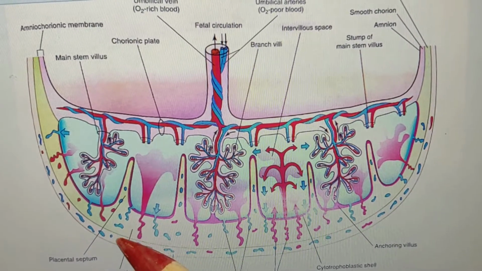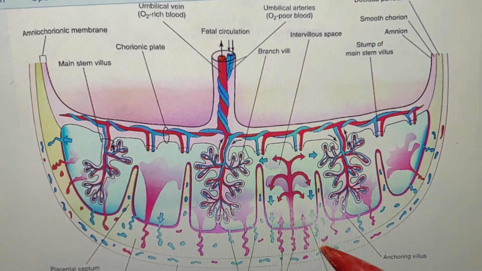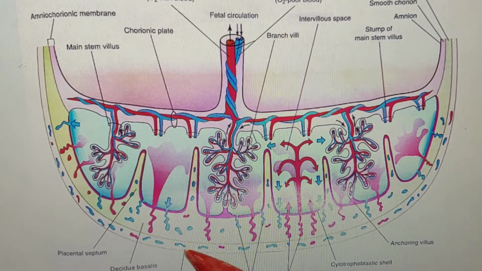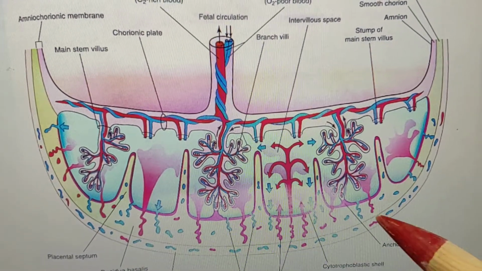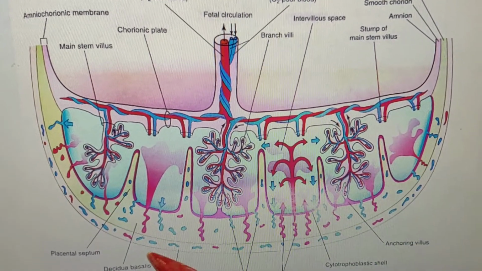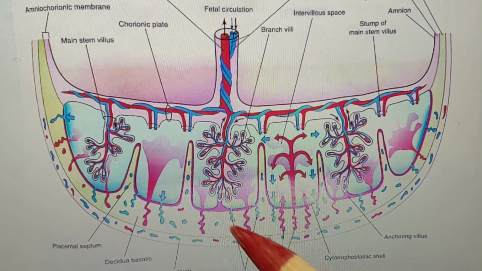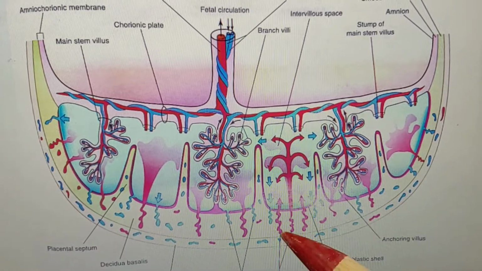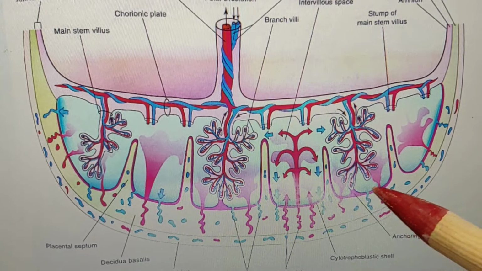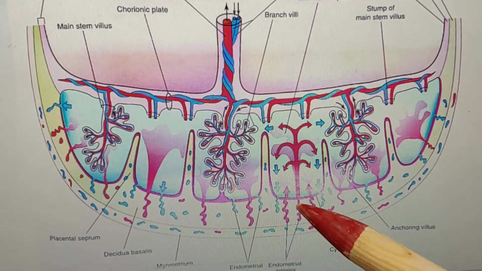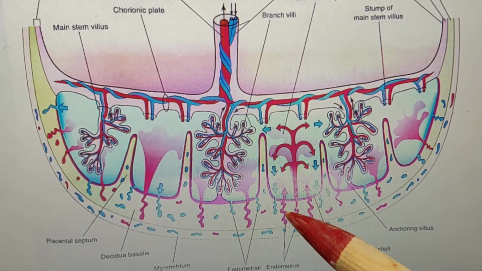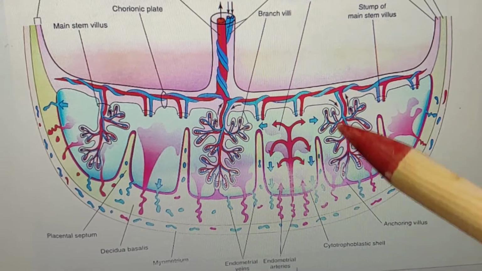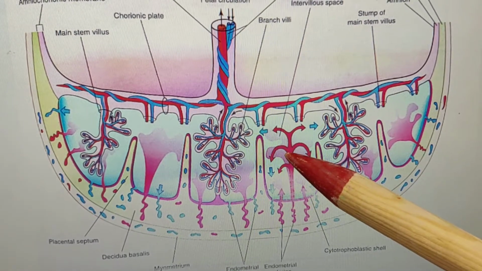Now we are seeing this layer. This is the outermost myometrium and this is the decidua. Now these endometrial arteries are known as the spiral arteries that pierce this basal plate and drain their blood into this intervillous space.